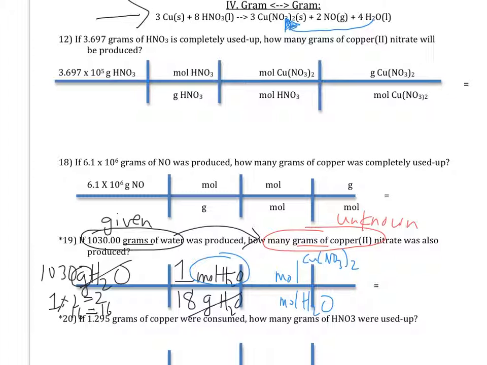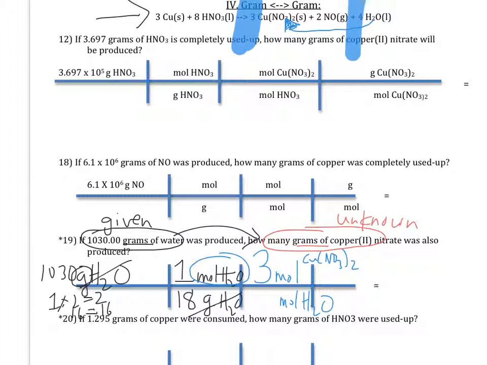To solve my mole-to-mole ratio, I'm going to use the coefficients from the balanced equation. What's the coefficient of copper nitrate? Looking at the balanced equation, it's 3. Ta-da! What's the coefficient of water?